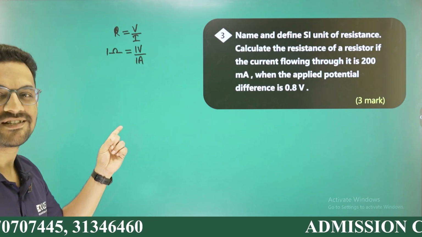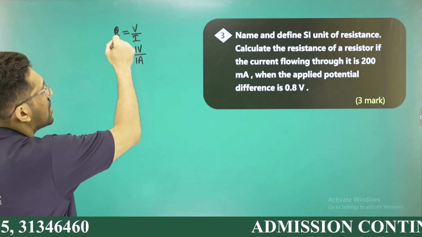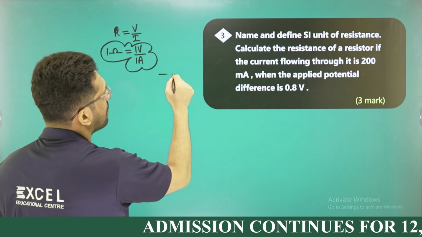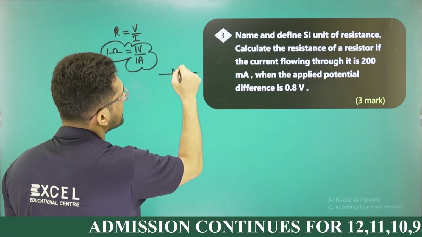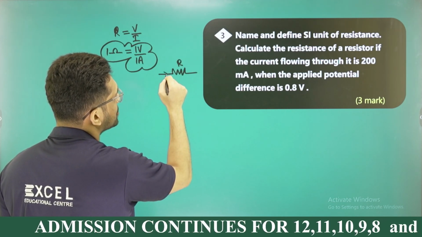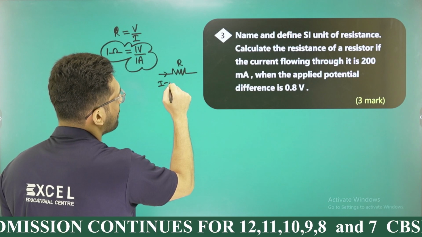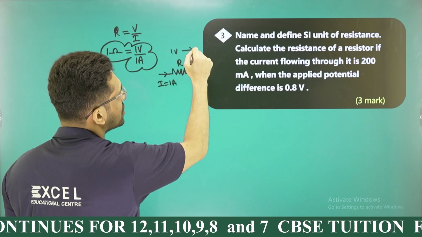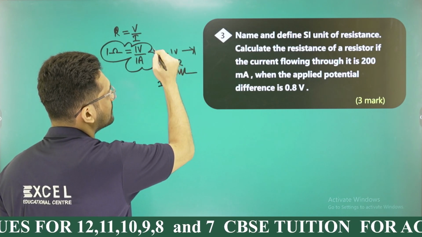Now you can define it. What is 1 ohm? 1 ohm will be the resistance of a conductor when 1 ampere current is passing through that conductor at a potential difference of 1 volt.